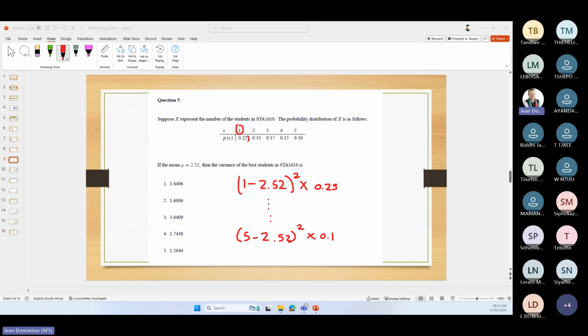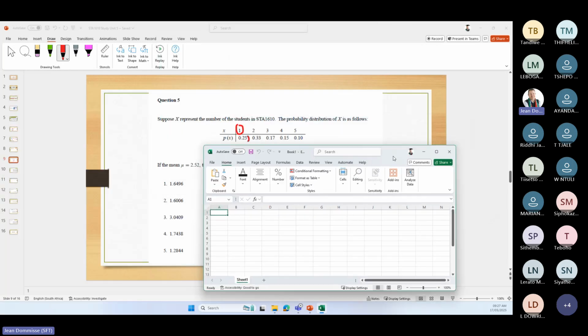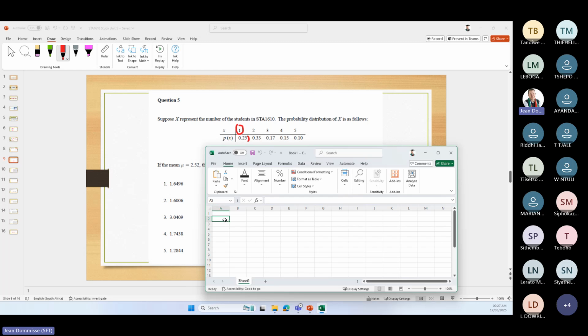Again, there's not a function in Excel to do it, so we will need to just type it in as normal, and then we will work it out. So let's do that. My Excel is also my calculator. I don't really work with a financial calculator anymore.